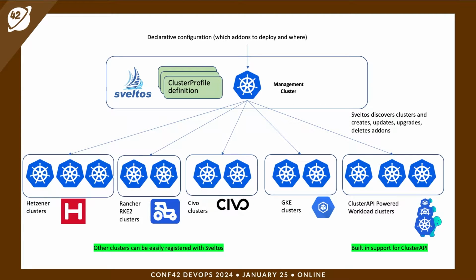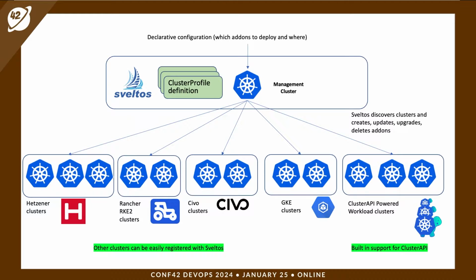So we have a management cluster where Sveltos is running, and we have a bunch of managed Kubernetes clusters. Sveltos has built-in support for Cluster API, meaning that every cluster which is powered by Cluster API is automatically discovered by Sveltos. But any other cluster can be easily registered to be managed by Sveltos.